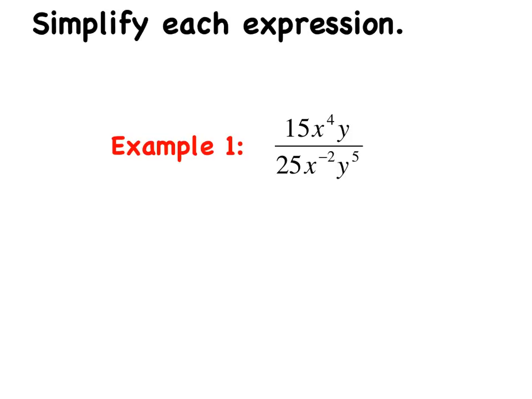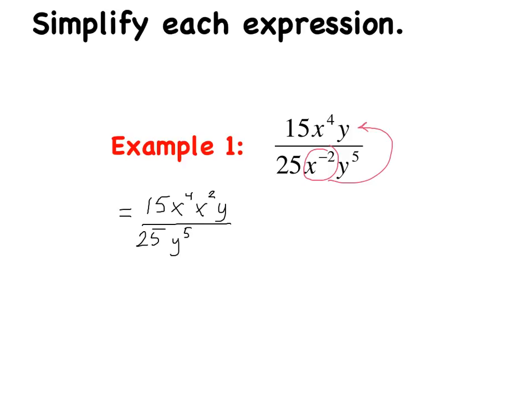So, the first thing I'm going to do is move this x to the negative 2 on up to the numerator. All right? Make that x happy. So, our first step is going to look like 15 x to the 4th, and I'm going to put that x to the positive 2 right next to it, times y, divided by 25 y to the 5th.